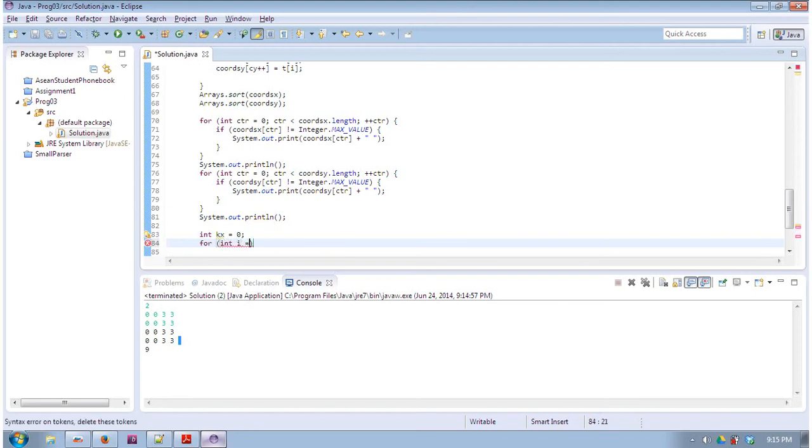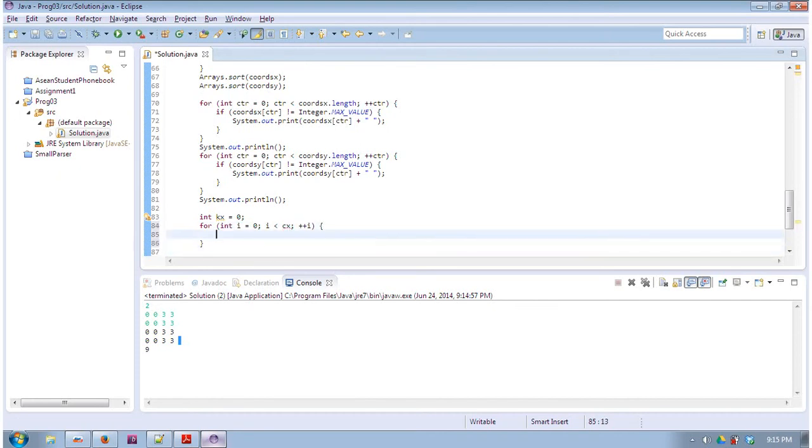So 0 is less than 6, I, k. So if kx is equal to 0, k equals kx minus 1, k for sx of kx is equal to 4.